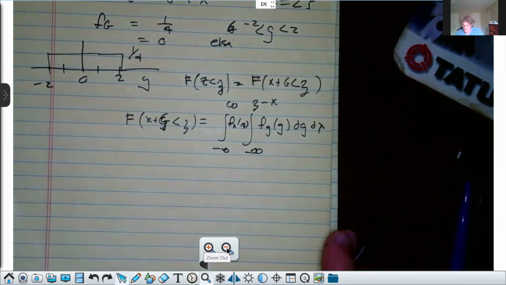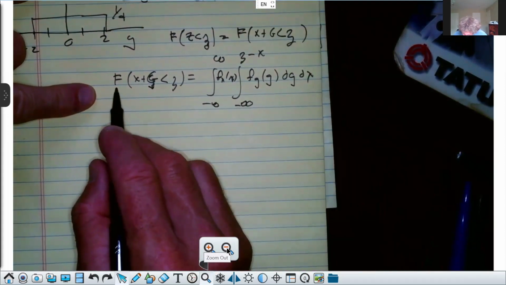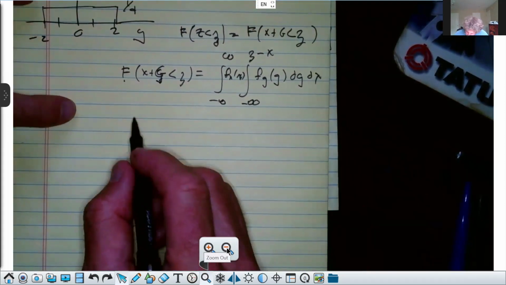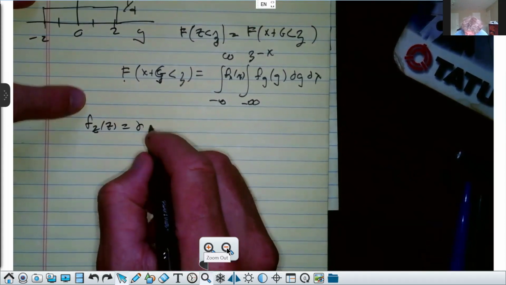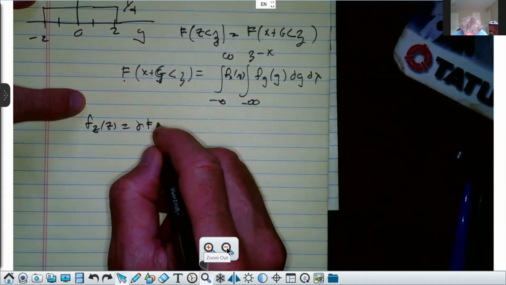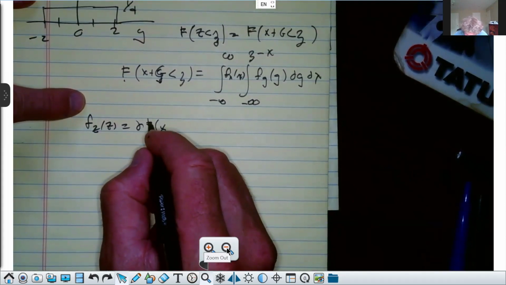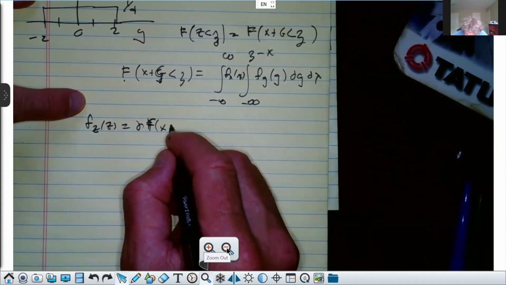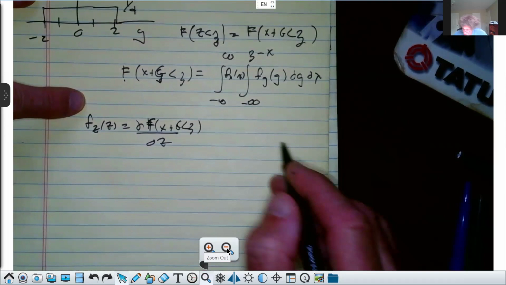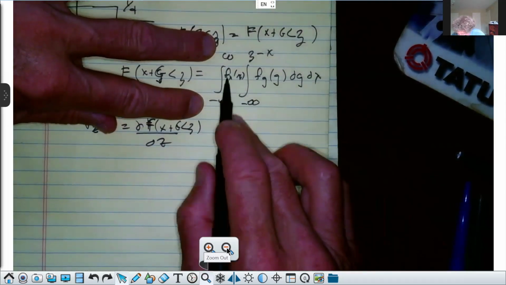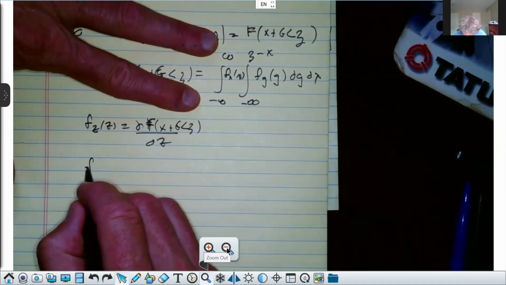Now, I've written that down there only because this is the distribution function, and the way you get the density function, f of z, is to take a derivative of capital F of this one, x plus g less than z, with respect to z. When we take a derivative of this part right here, the dx integration doesn't change, and I'm going to write it down here.